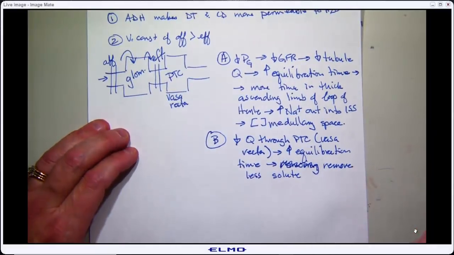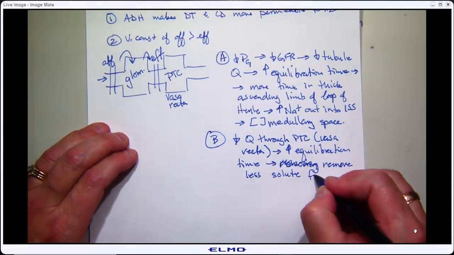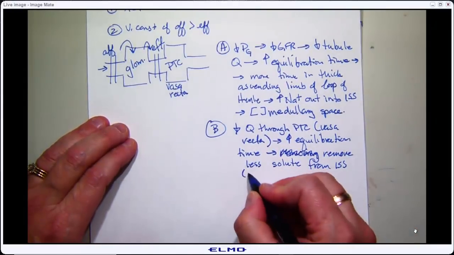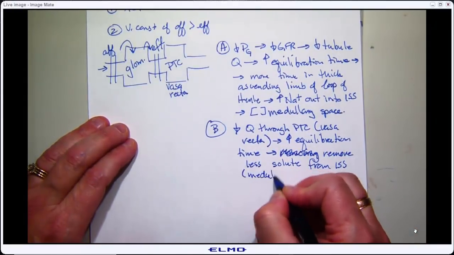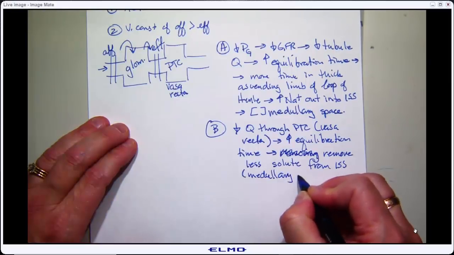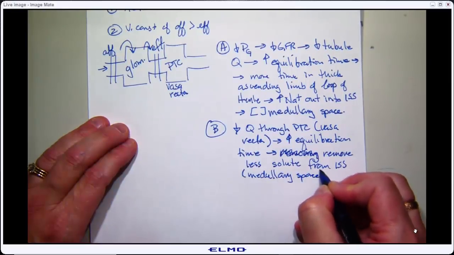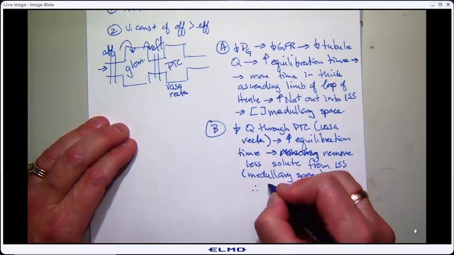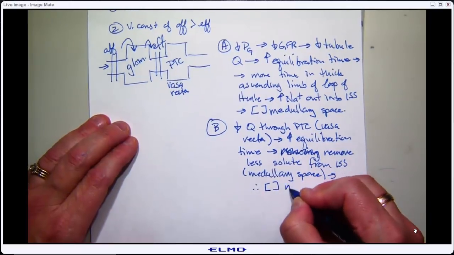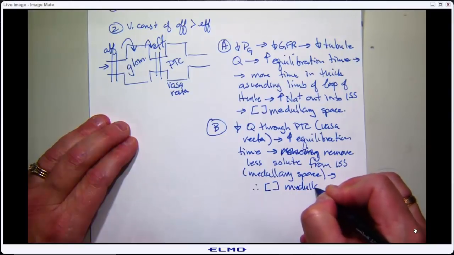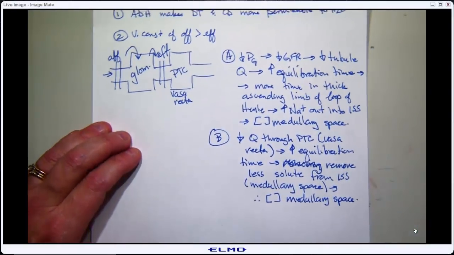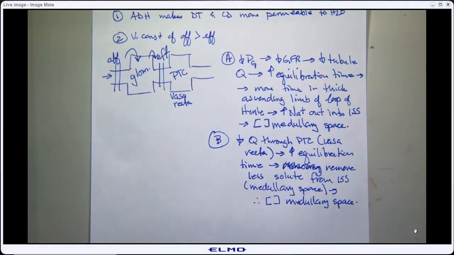Okay, I'm going to remove less solute from the interstitial space, or that medullary space. Okay, therefore, I'm going to concentrate the medullary space. Okay, so get that down, and then we'll go take a look.